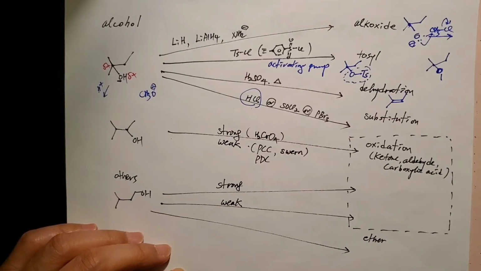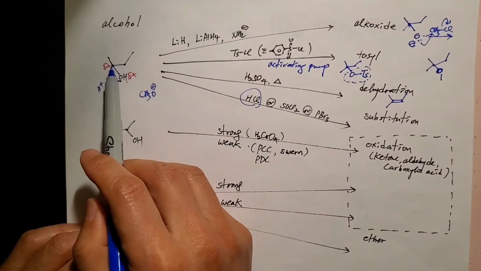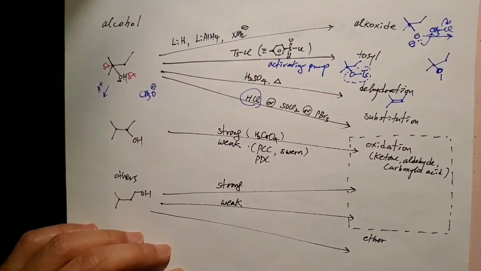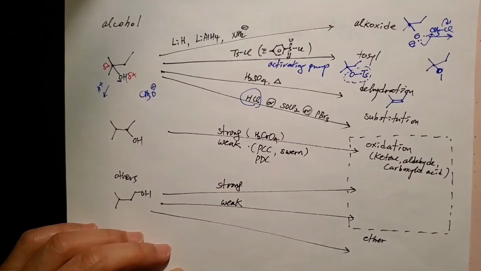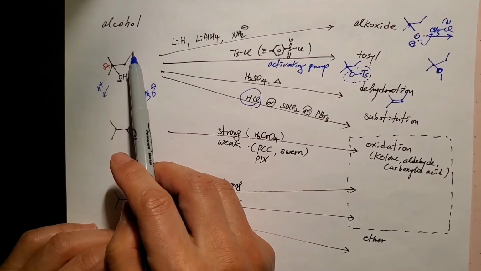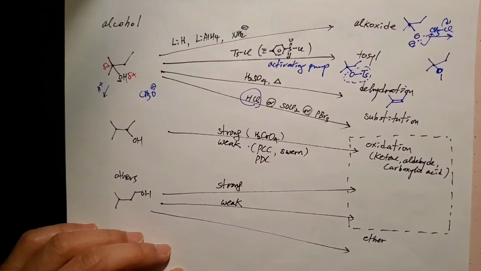Then you have a chloride as a weak base able to replace it, so you end up having substitution. Depends on the degree of the carbon that's holding OH. In this case it's a tertiary. You would have an SN1 rather than SN2, but for the compound with the water on the primary, you can think of SN2.